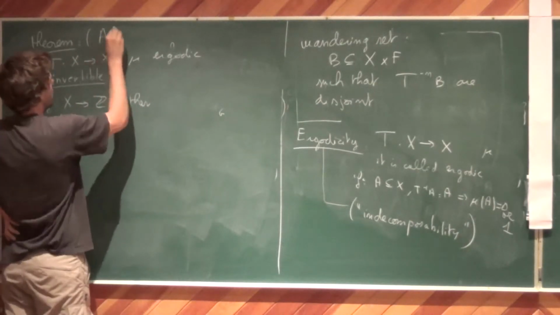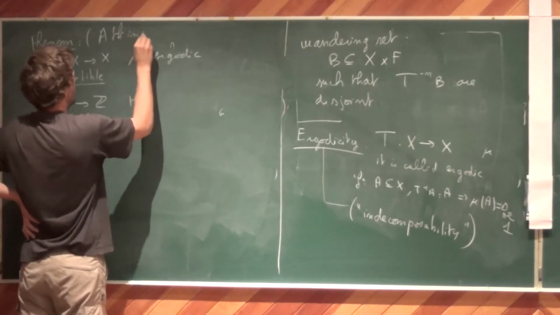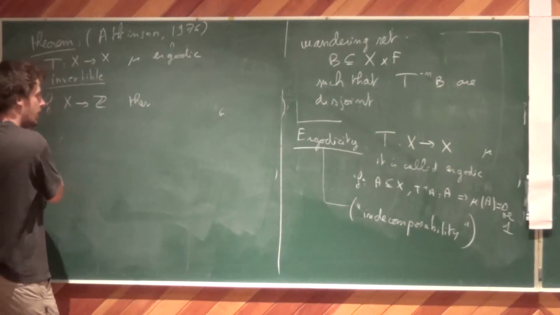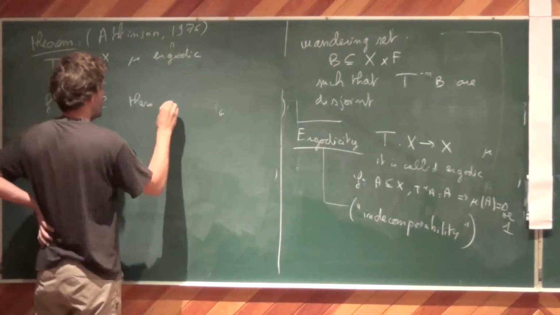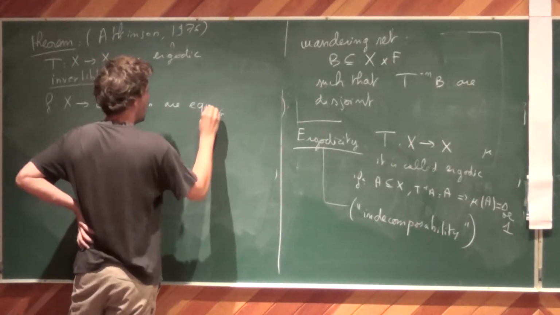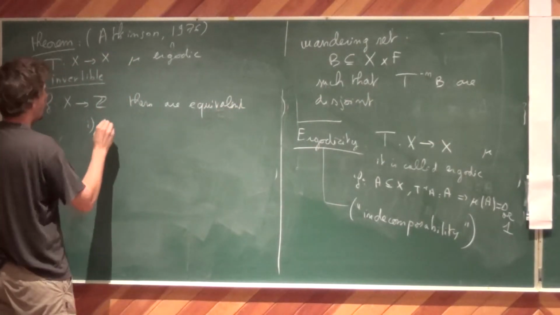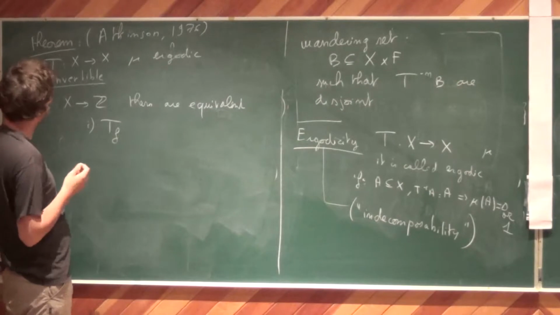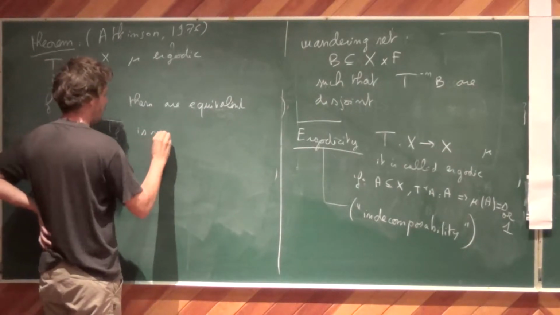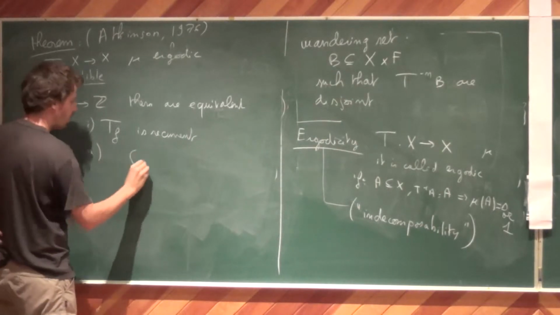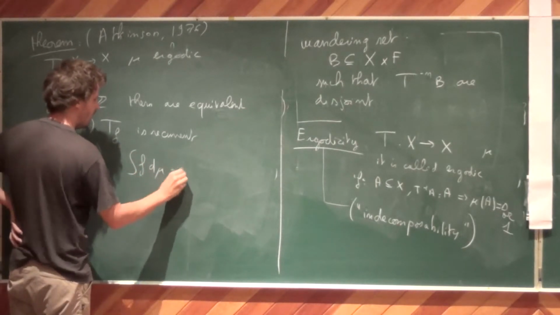This is the theorem of Atkinson, which goes back to, if I'm not mistaken, 76. Then the following are equivalent: 1, the skew product T_f is recurrent. And 2, the integral of f d mu equals 0.